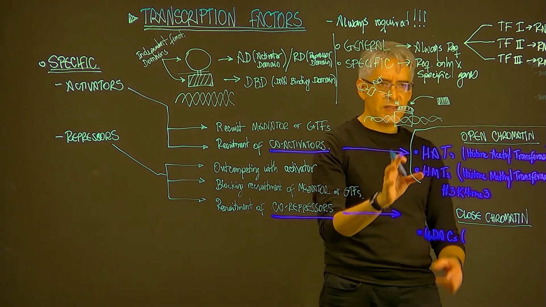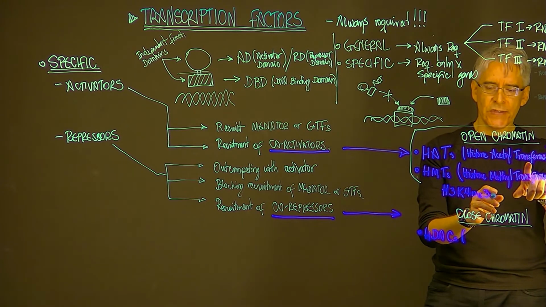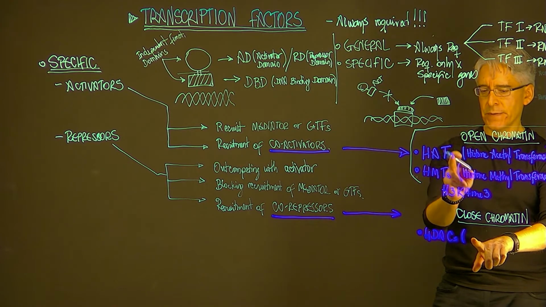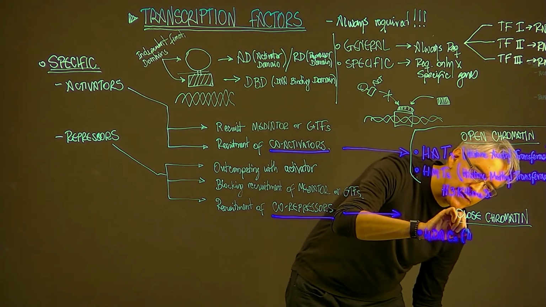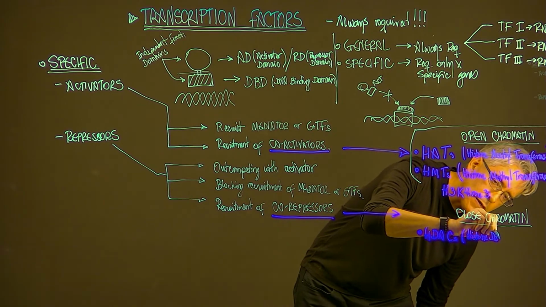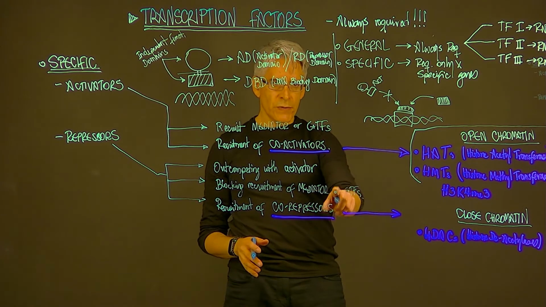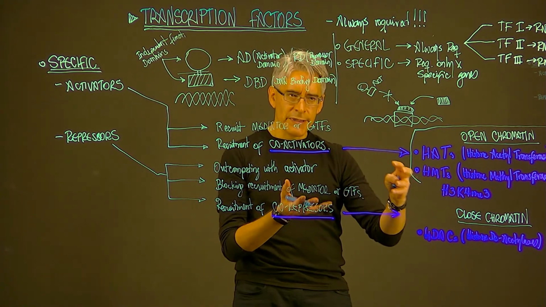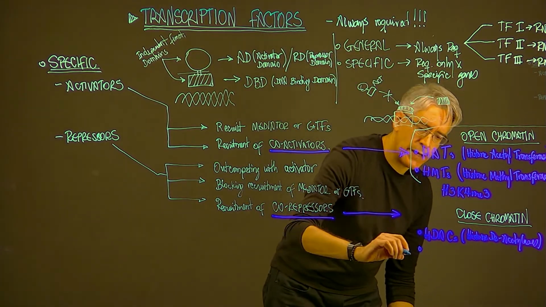So they remove acetyl groups. HATs add acetyl groups to histones. Histone deacetylases remove acetyl groups from histones. So HDACs are histone deacetylases. Within the co-repressors, we also have some histone methyltransferases, but these are the type that promote a more closed chromatin structure. So let's put those down here.